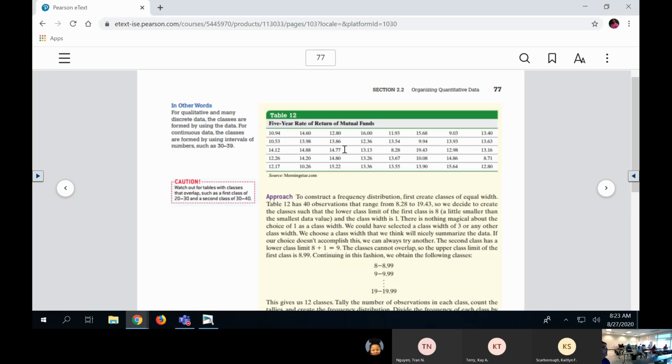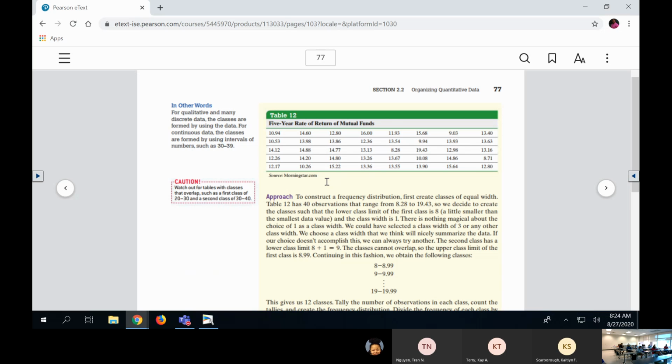So here is another set of data. You don't have to just make a note, table 12. It's another set of data. You organize it and you put it in classes. Now, I'm not going to ask you to calculate the classes. Okay, so write that down. I'm not going to ask you that. They're going to show you how to calculate classes in the book, but I'm not going to ask you that.